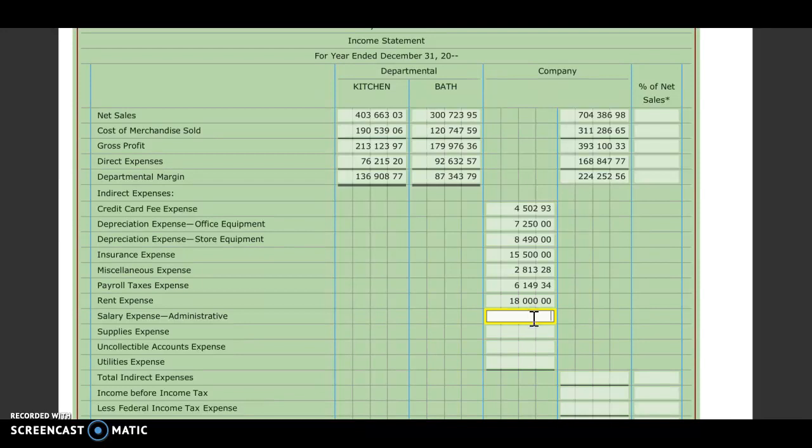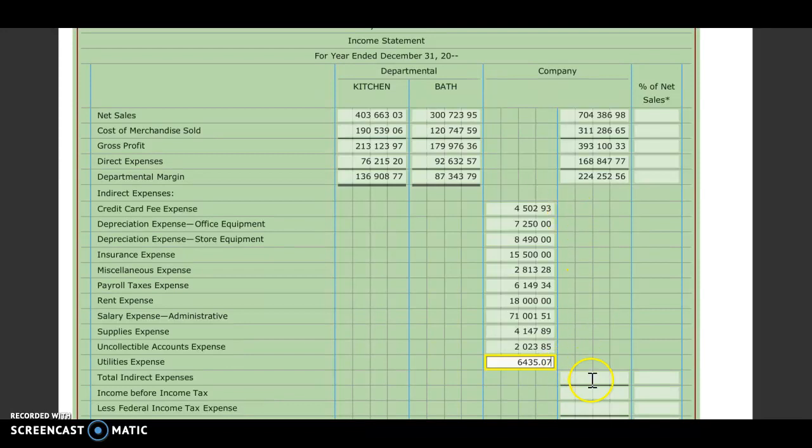Salary expense administrative is $71,001.51. Supplies expense, $4,147.89. And collectible account expense, $2,023.85. And utilities expense, $6,435.07.